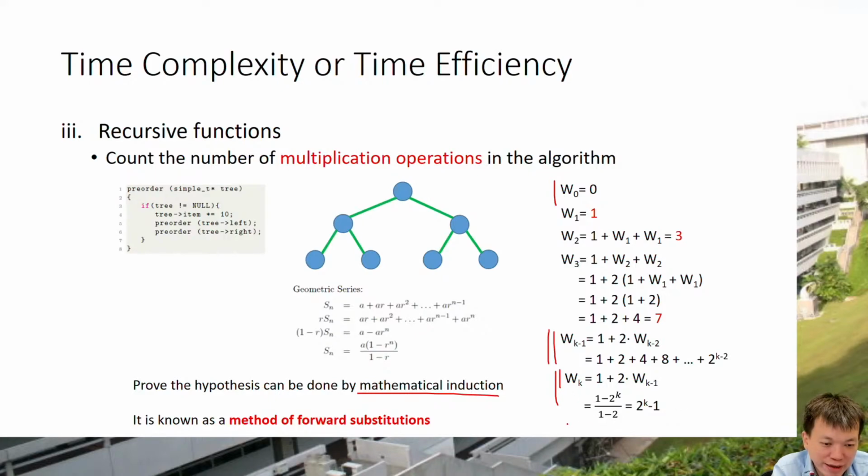Then you can derive and find out that the number of multiplication operations in this particular algorithm is 2 power to k minus 1, where k is the height of the tree. So when the height of the tree increases, the number of operations will increase exponentially, 2 power to k. So the computational time is not cheap.